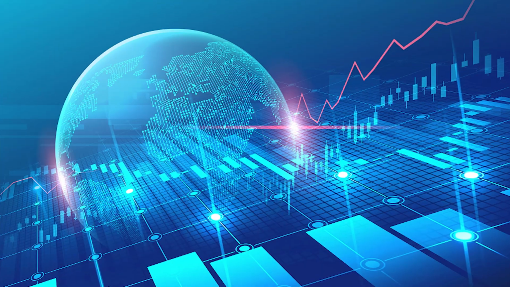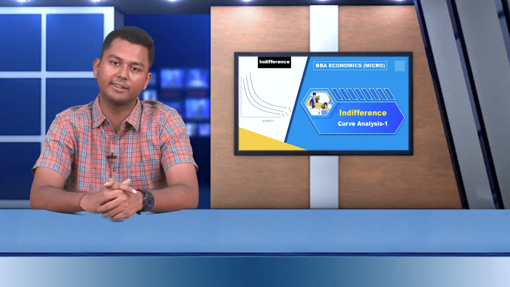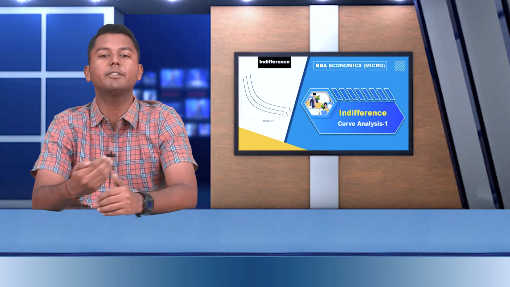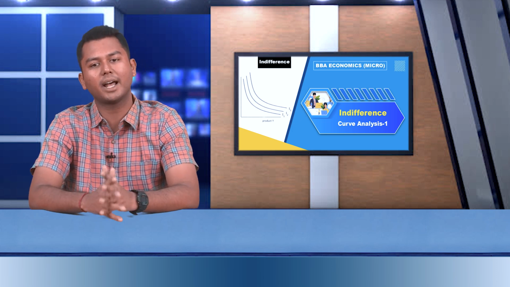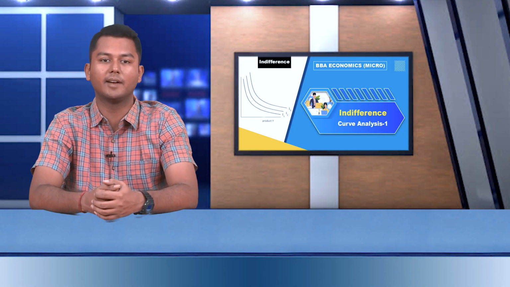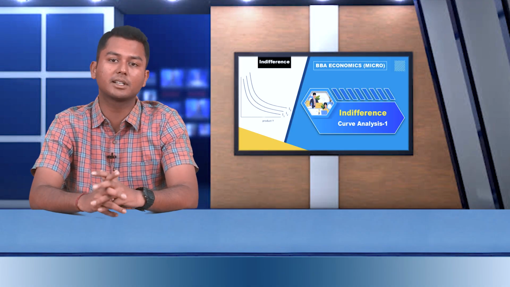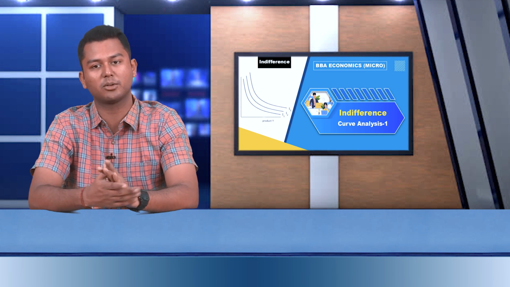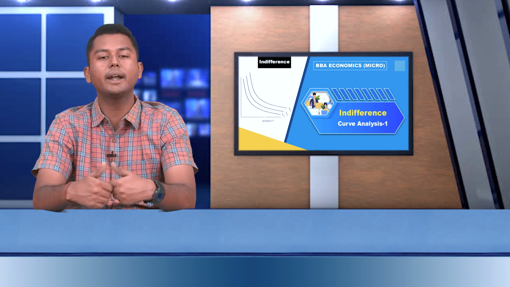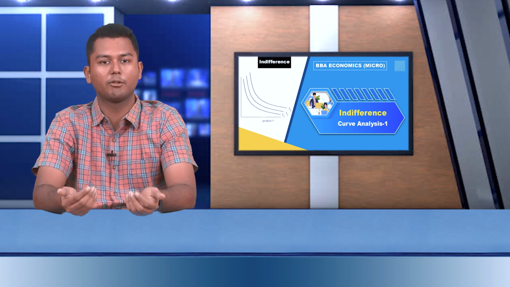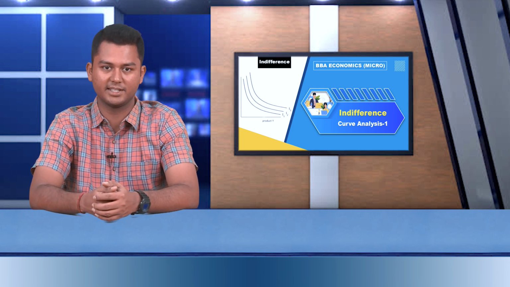This makes economic analysis more realistic and scientifically sound. Despite its theoretical nature, the indifference curve approach provides valuable insights for business strategy, market analysis, and policy evaluation. The indifference curve framework represents one of the most important tools in microeconomic analysis, providing insights into consumer behavior that remain relevant for modern business and policy decisions.